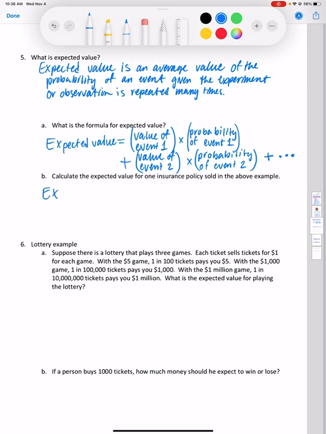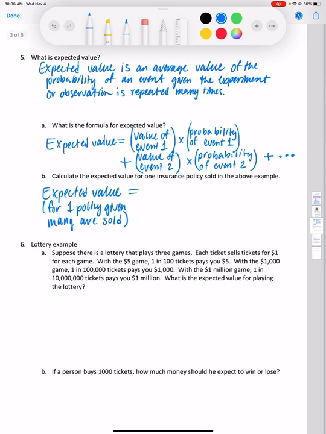Okay. So we have our expected value for one policy given many are sold. Okay, that's the caveat for all of this stuff, is that you have to sell many of them, and this is what you'll get on each one.